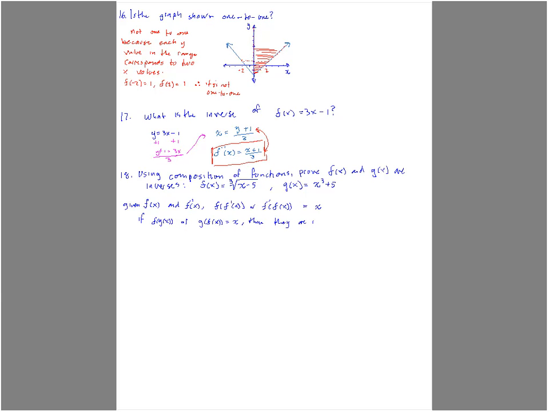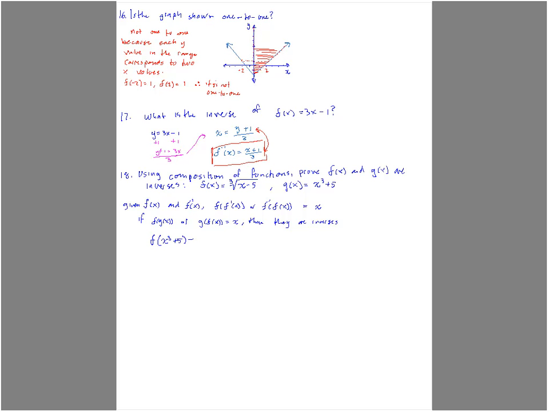And so let's go ahead and solve that. Go ahead and plug in the, it doesn't matter which one you choose. So I'm just going to do the f of g. So let's do it this way. We're plugging in g of x. G of x is equal to x to the third plus 5.